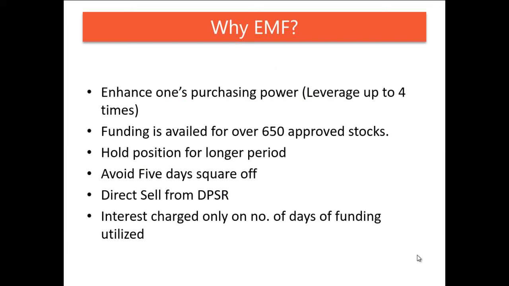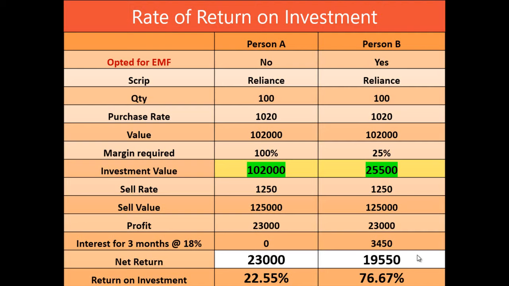You can hold positions for a longer period, avoid the 5 day square off, and directly sell the stock from your holdings. Interest is charged only on the number of days utilized.